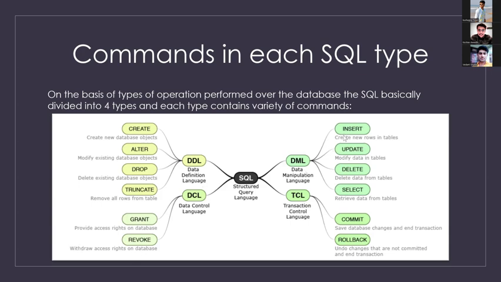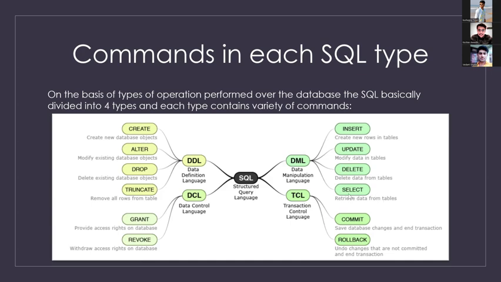DML also consists of four commands: insert, update, delete, and select. Insert is used to create new rows in a table. Update is used to modify data in a table. Delete is used to delete data from tables, and select retrieves data from tables in different varieties.